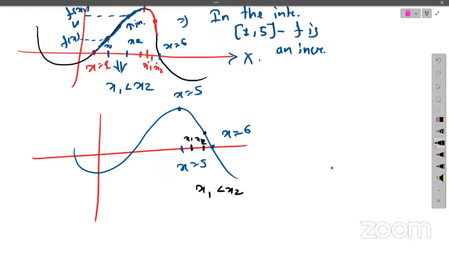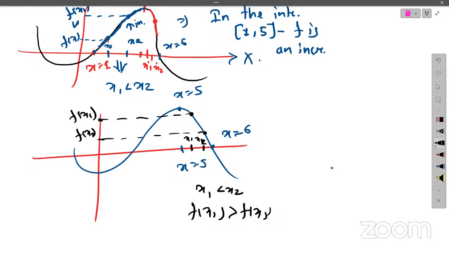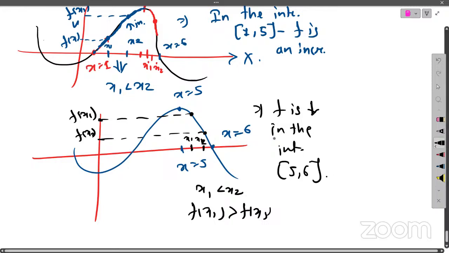And the outputs: this is f of x2 and this is f of x1. So here x1 is less than x2, but f of x1 is greater than f of x2. That means in this interval the function is decreasing. So f is decreasing in the interval 5 to 6. Okay, is that fine?